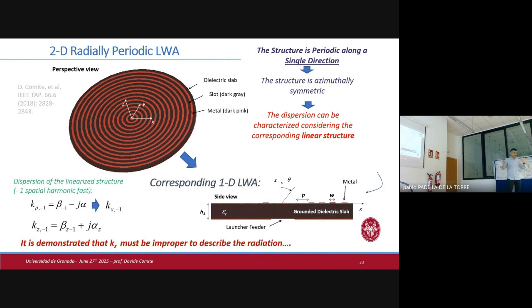But here the periodicity is comparable with the wavelength. So what do we do? In my university in Rome, they have done it since 30 years ago, so they are very expert. We do a modal analysis of this structure, which means we look for the phase and attenuation constants in this periodic structure. To do it, you need numerical computing, numerical codes, and most of the time we use in-house Method of Moments.